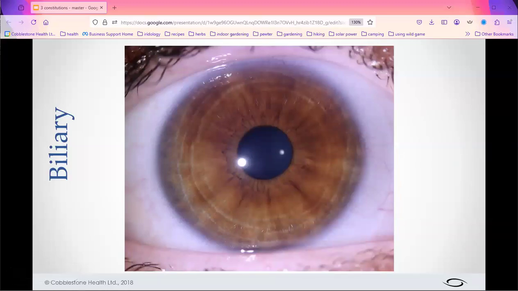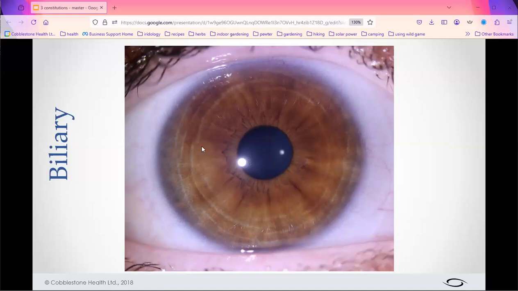This is also the constitution that trips most iridologists up, because if you don't have good lighting and good magnification, it can look like it's hematogenic. So how do we know it's biliary? Well, first off, there's no blue visible. You remember the lymphatic had blue and fibers. So we're not seeing any blue, so we know it's not lymphatic.